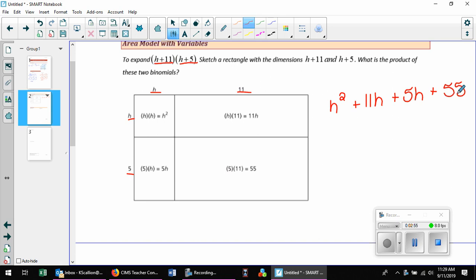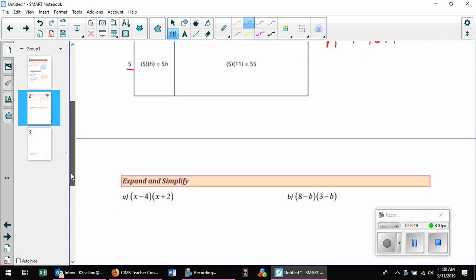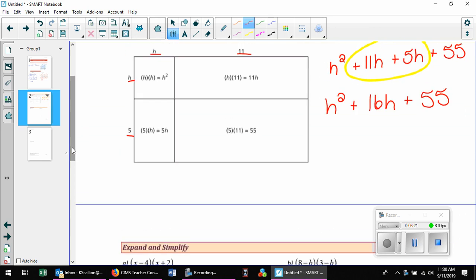So the only two I can combine are the ones with the same variable. So the h squared. Plus 11 plus 5. Yep. That's exciting. Okay. That's it. That's all that's done.